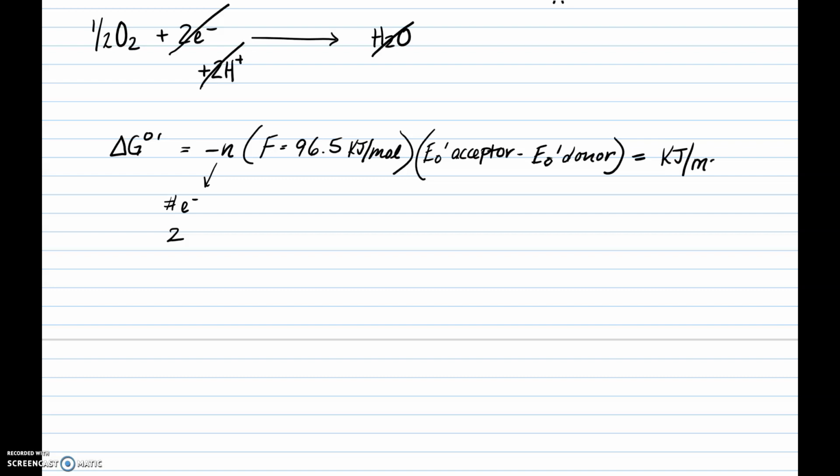This will eventually come out to be an answer in kilojoules per mole. And then just to figure out what the energy is per electron, you simply have to divide by the number of electrons. So in this case, 2. And that is it. I hope it helps.